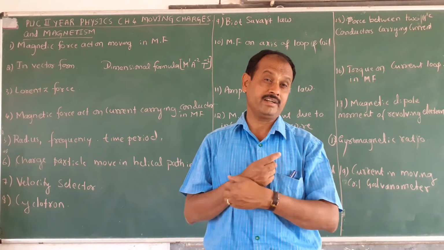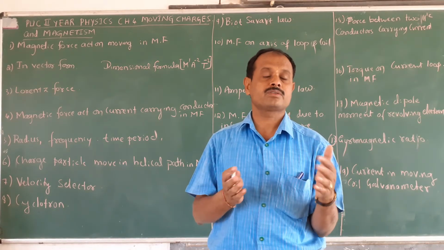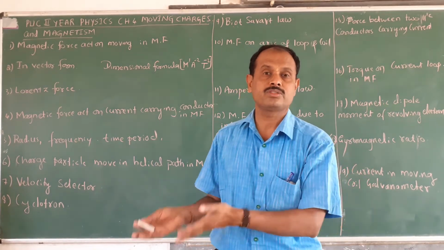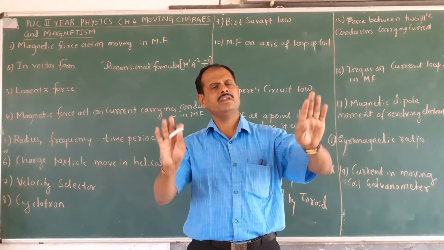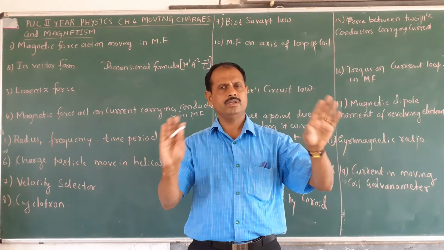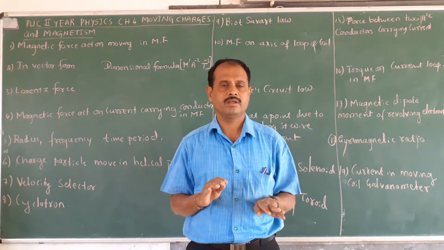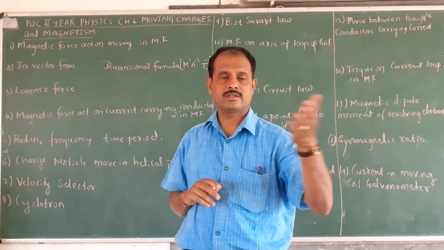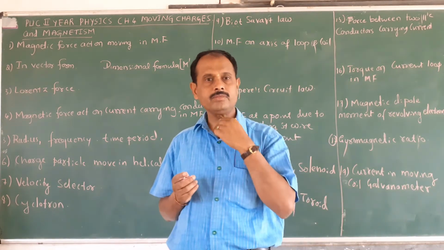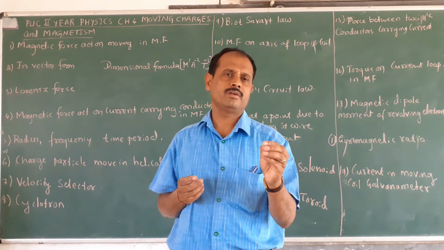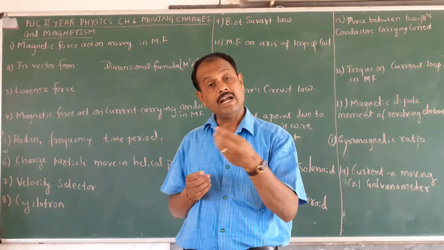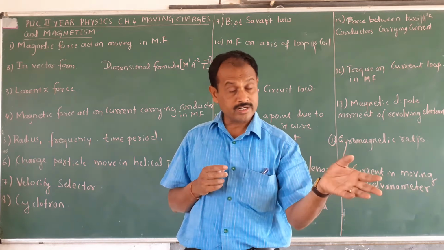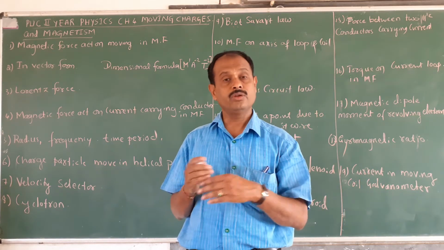But in the case of magnetism, total magnetic flux over the closed surface is equal to 0. These are the three important differences between electrostatics and magnetism.